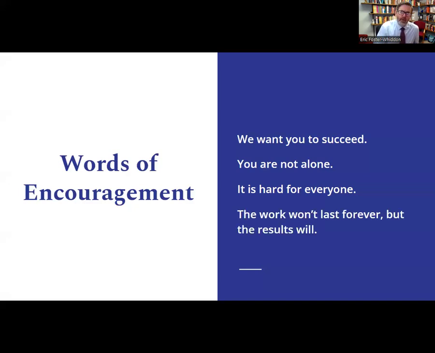Also, please remember that this is a 2 year curriculum. The work won't last forever. 2 years goes by in a heartbeat, but the results of the work that you're putting in now will. The work that you're doing in your GSM courses is not just ticking a box to be able to finish a course or finish some course of study. What you're doing has really important local implications, and those local implications translate to eternal implications.